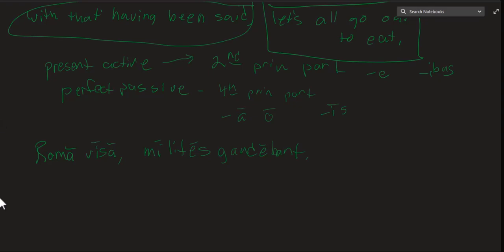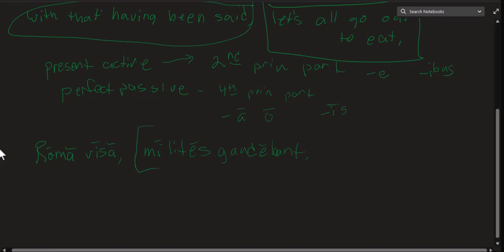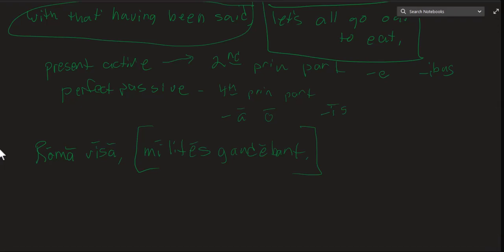And we see that right at the beginning we've got something ablative. We see that the main part of the sentence stands on its own. The soldiers were rejoicing, the soldiers were happy, and we've got this Roma visa right at the beginning.